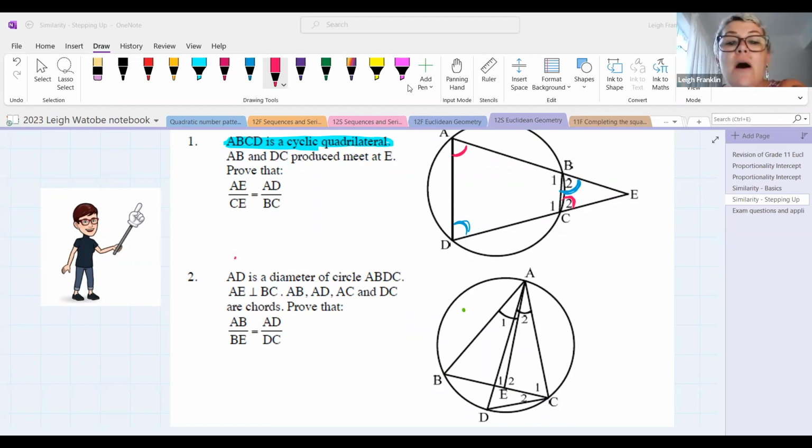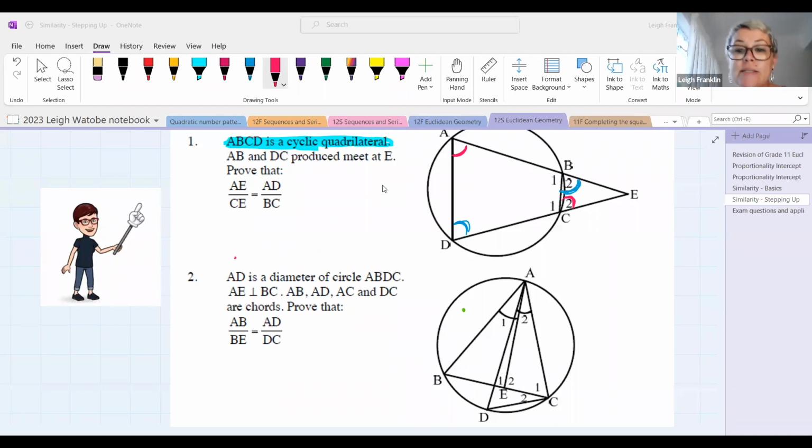Yes, absolutely, Sihawu. Angle E is common to both triangles. Lesedi, B2 equals C1? No, Lesedi, B2 does not equal C1. B2 equals D, because of exterior angle of a triangle. B2 and C1 are not alternate.